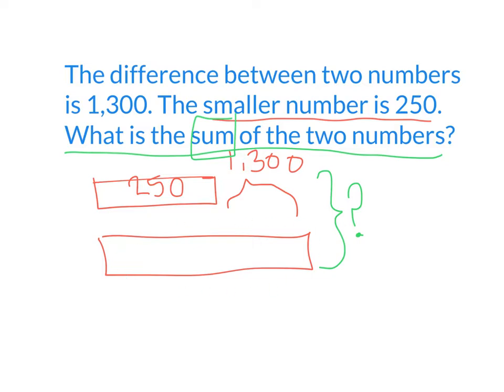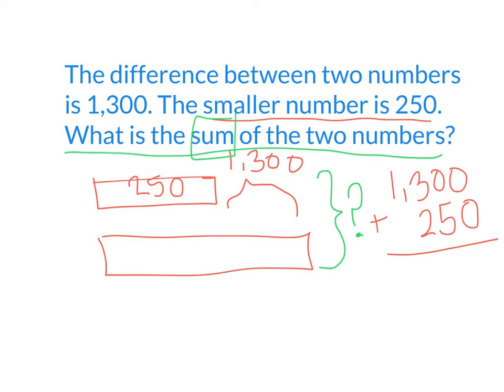Do you see that? 250 plus 1,300. Yes. I like to write my bigger number first, 1,300 plus 250, and we want to make sure that we line up the places because we don't want to add 2 to the 1,000. We want to add the 200 to the 300.